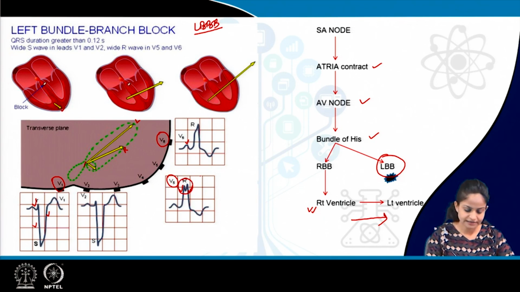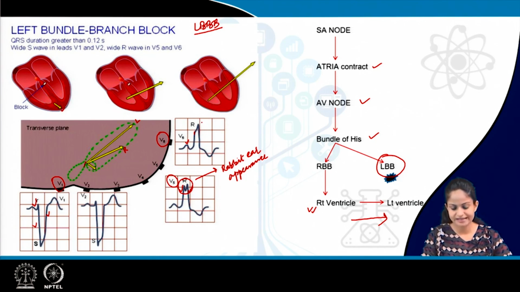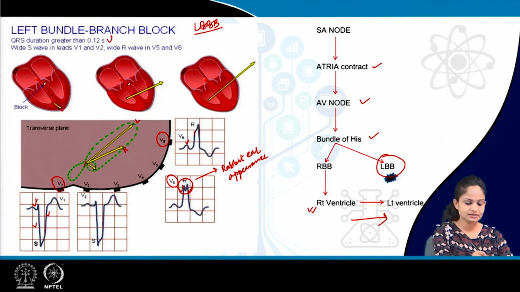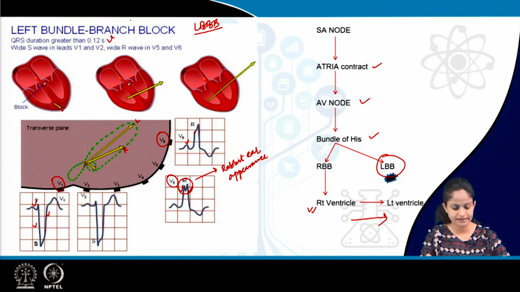So we get this rabbit ear or bunny ear appearance in V5 or V6. Here it is not present because it is merged, but usually we get the rabbit ear appearance in left bundle branch block. And obviously the QRS duration is more than 0.12 seconds.